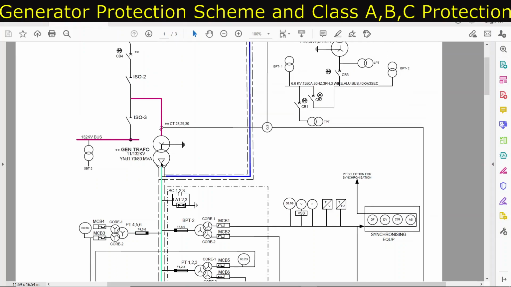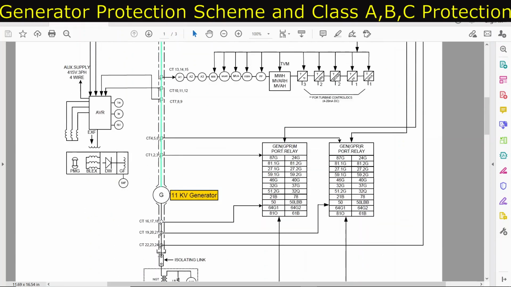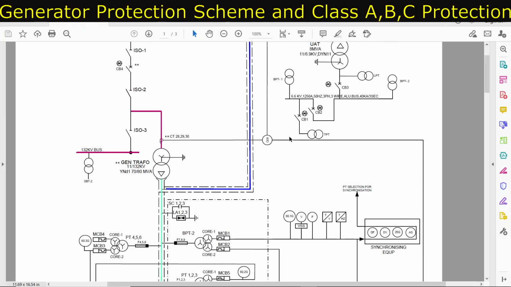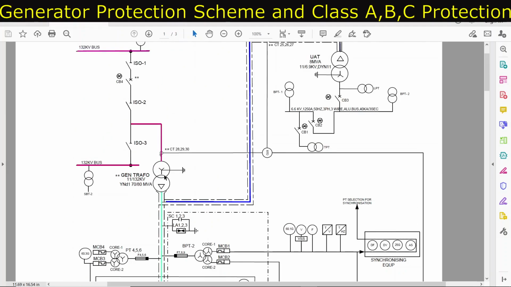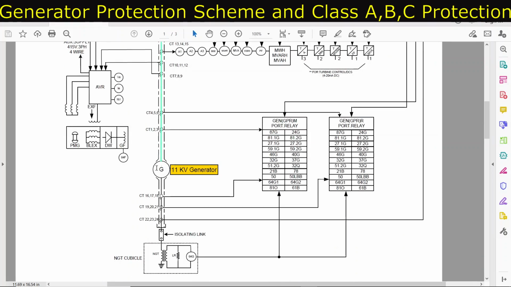We have also transformers. You will see here also CT inputs. There is a CT input 1, 2, and there is another CT input, this one. So all these CTs are being used for the overall differential protection, 87O protection, which covers the winding of the primary and secondary, and it covers all these windings, the generator winding.